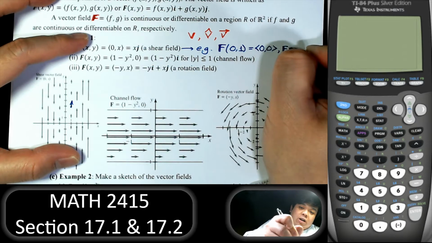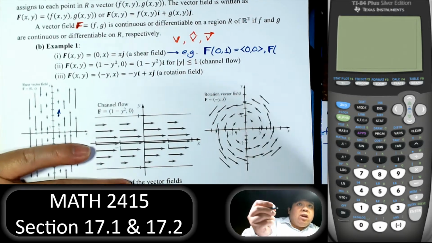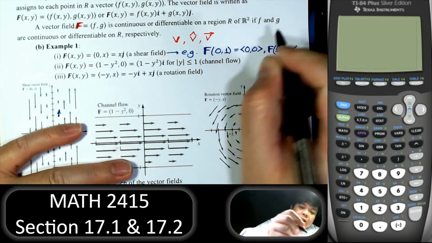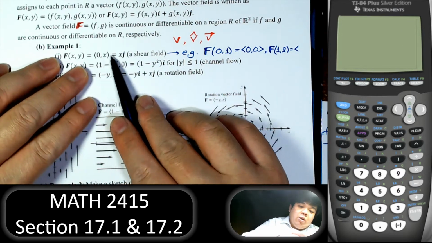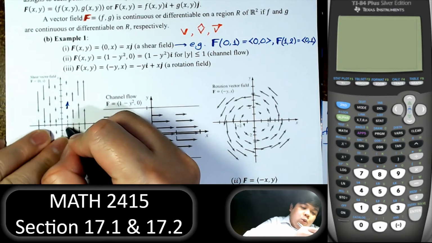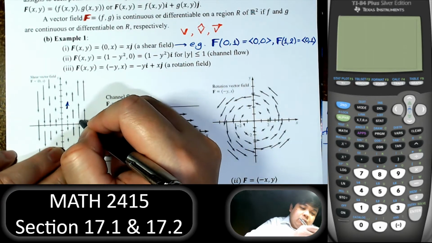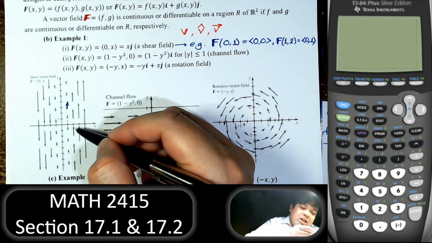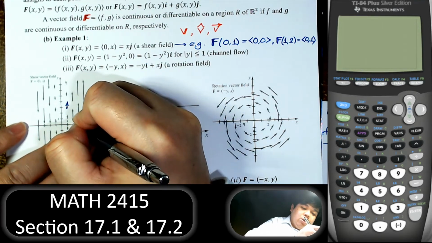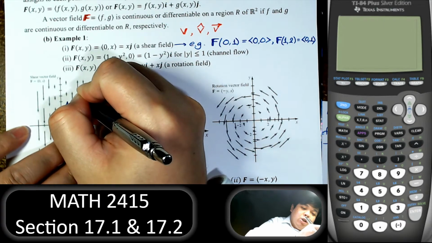Now if we want F of, let's say, 1 and 2, the vector corresponding to that is 0 and x, so we have 0 and 1. So at the point 1 and 2, let's say x equal to 1, y equal to 2 is here.